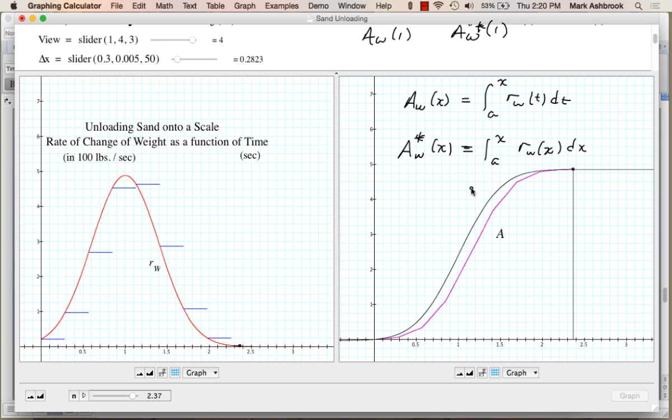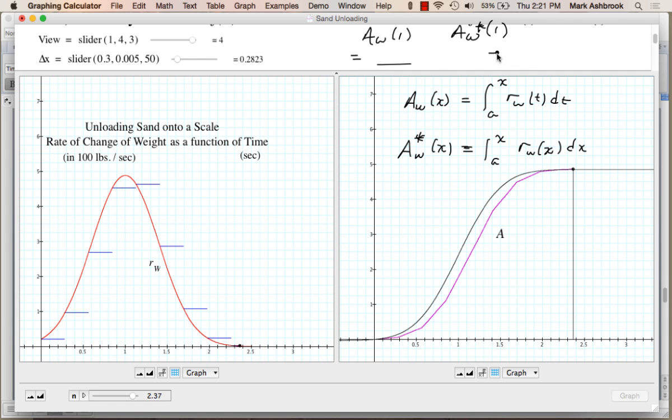Why does A_W of 1 get us what we want, but A_W star of 1 does not? Go, work on it. Write out what both of them equal. Use the rule.